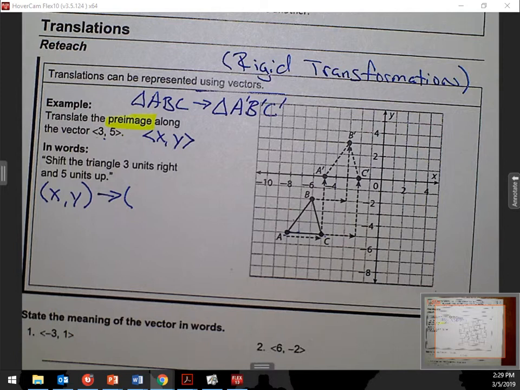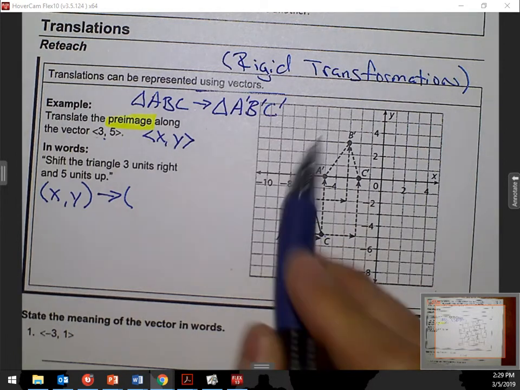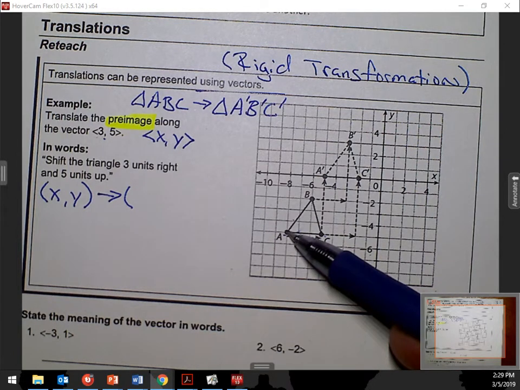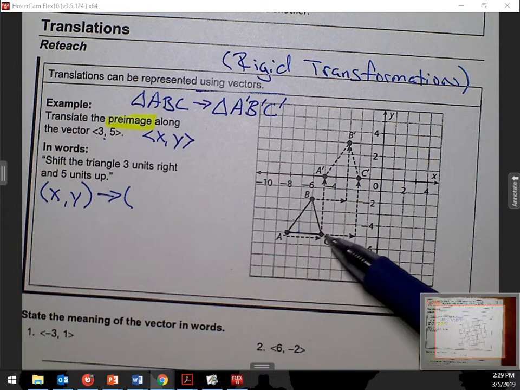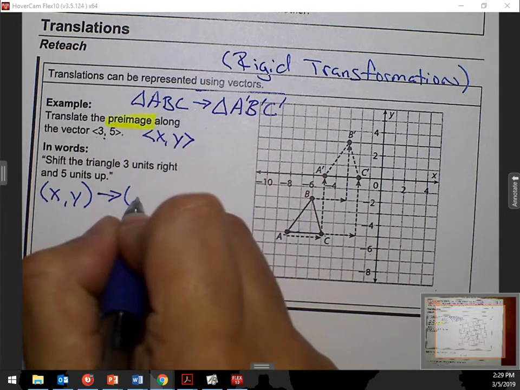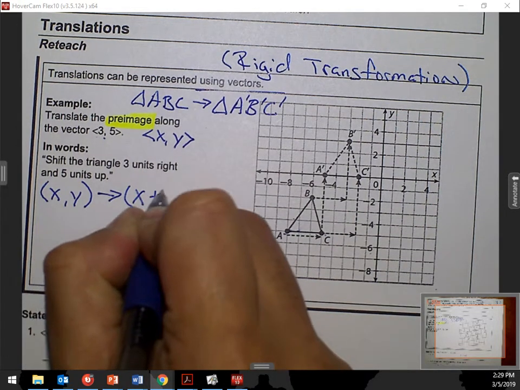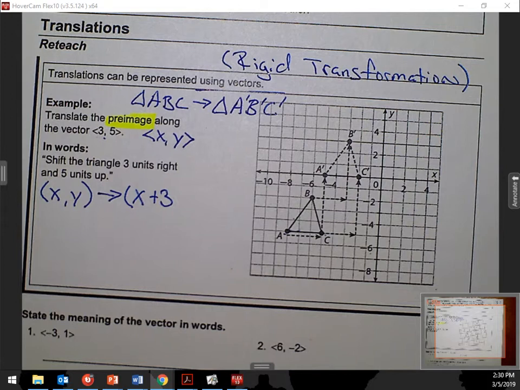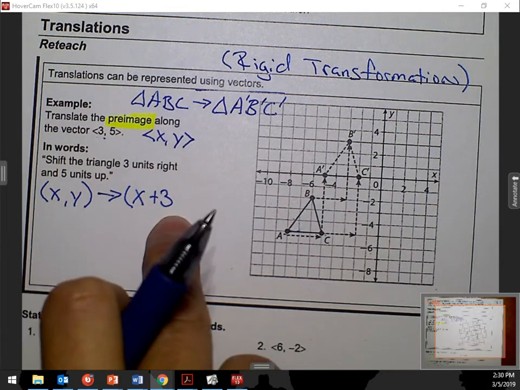So if I start at negative 8, it goes to negative 5. But mathematically, what did I do there? You add how much? 3. So now it's going to be my x value plus 3, right?